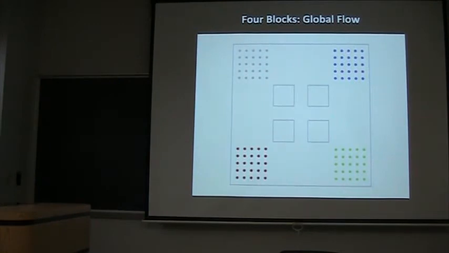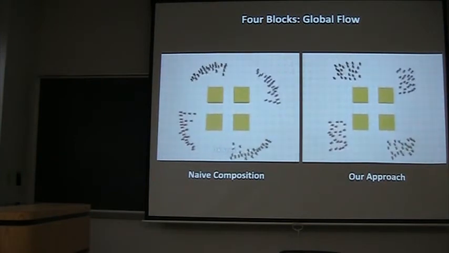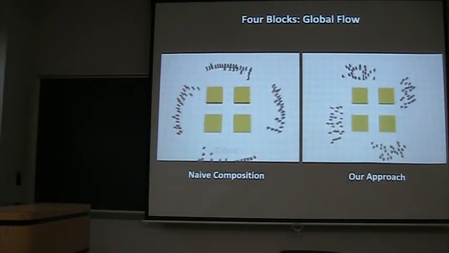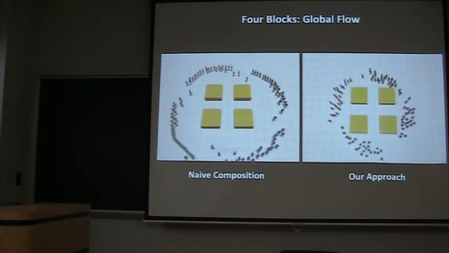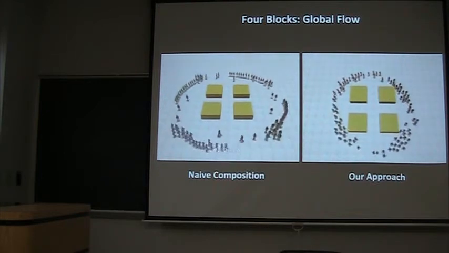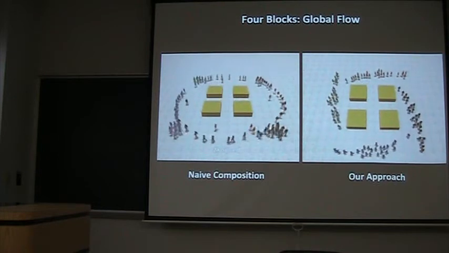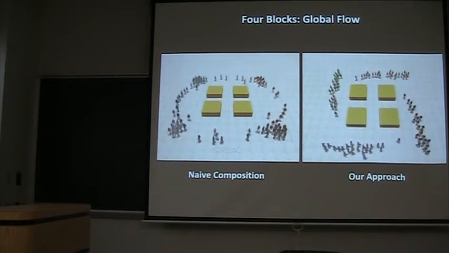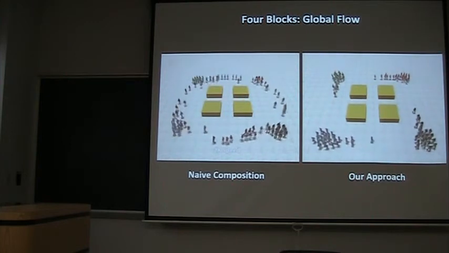To resolve the problems with the earlier simulation, the user specifies a single global circular flow that guides the agents to their respective goals. The simulation on the left shows how a naive combination of the user-specified guidance field with a roadmap-based global path planner cannot ensure convergence to the goal. In contrast, the simulation on the right shows how our approach constructs a singularity-free navigation field that guarantees that the agents reach their goals.